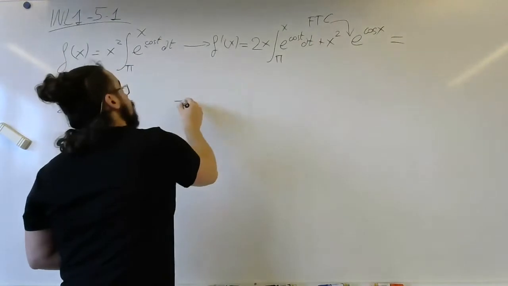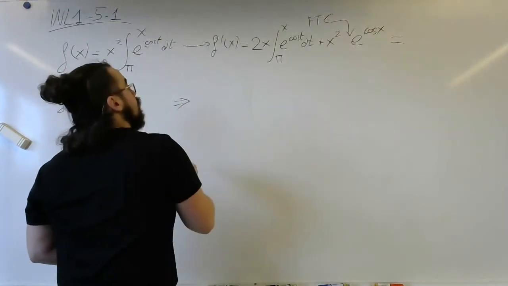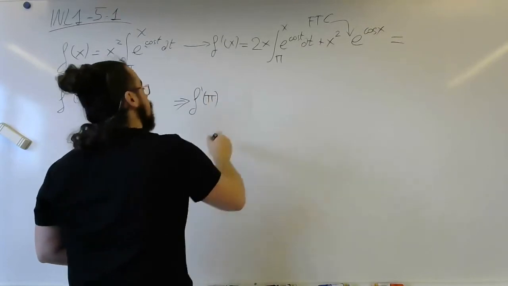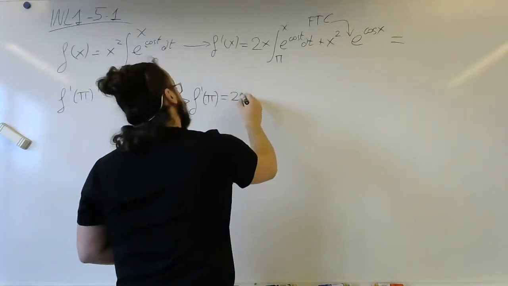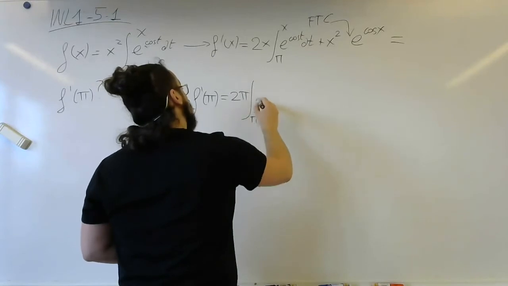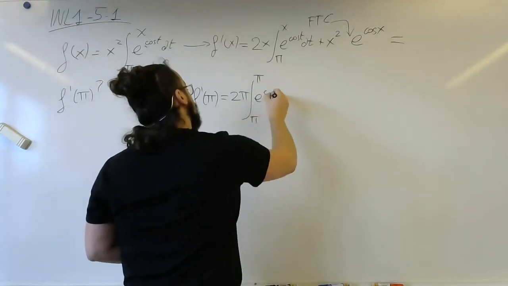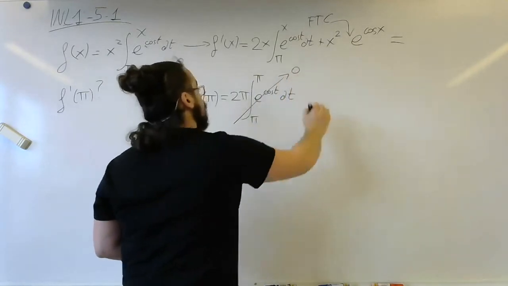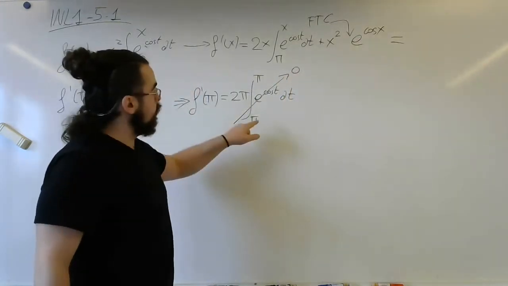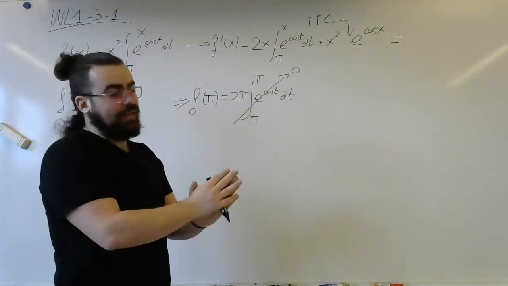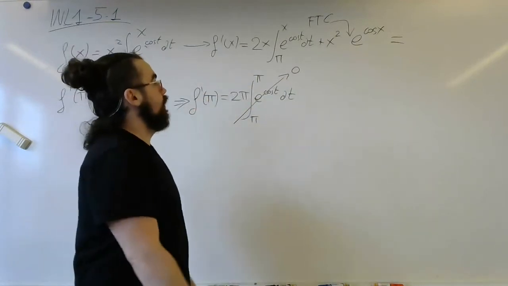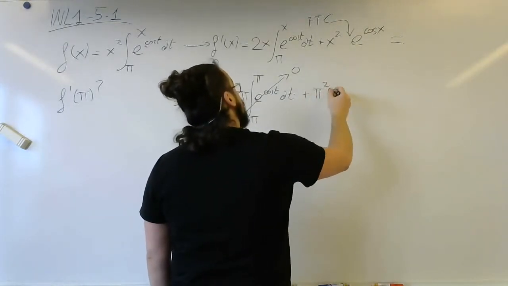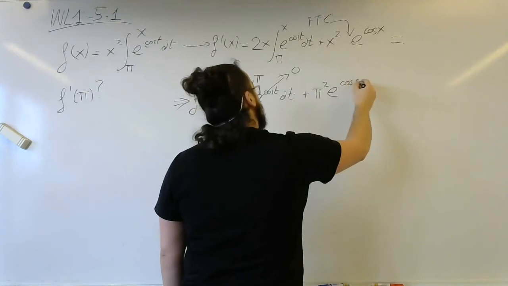So moving on, we can now evaluate this in pi. In pi, this is 2 pi integral from pi to pi. This is 0, because the interval that goes from pi to pi is absolutely nothing. This equation is equal to 0. And here we have pi squared e cosine pi.